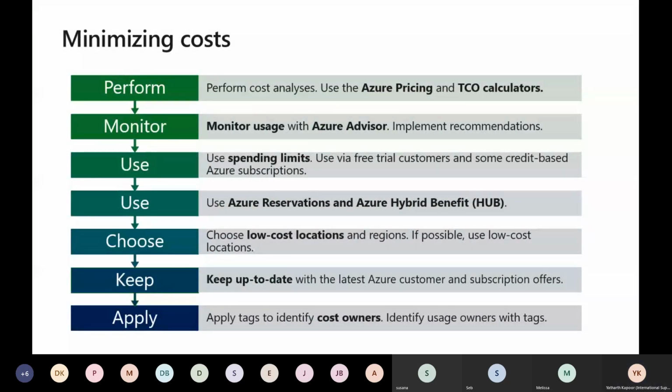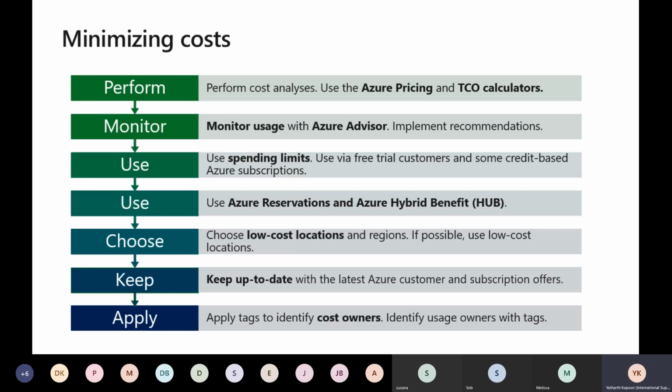Look, how do you minimize the cost whenever you're talking to users? You would come across a lot of users who are using Microsoft Azure, by the way, and they will have some complaints that my bill is higher than I expected it to be. Then we tell them: do cost analysis, monitor what you're using, and whatever you're not using, get rid of it.